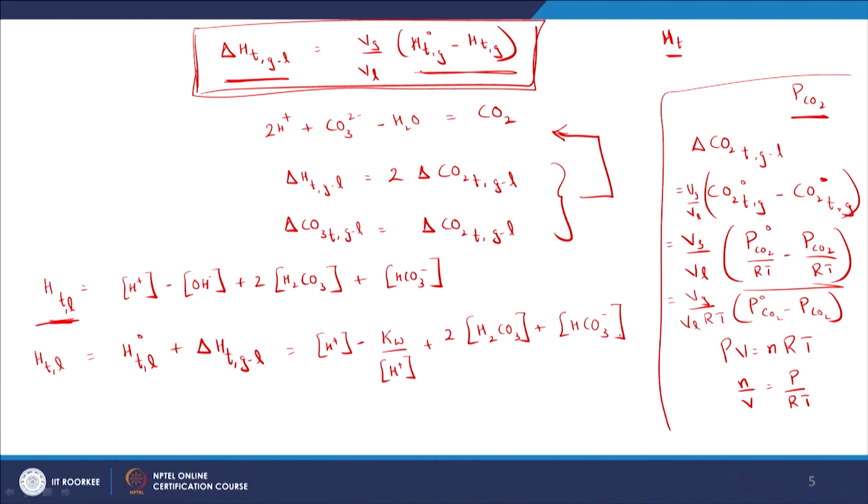So first we are going to simplify H2CO3 and HCO3 minus, and how do we do that? We know that CO3 total in the liquid phase, again keep in mind that we are doing the balance only on the liquid phase here, is going to be equal to H2CO3 plus HCO3 minus plus CO3 2 minus. This is from your particular component balance, right. And let us move on to the next slide.